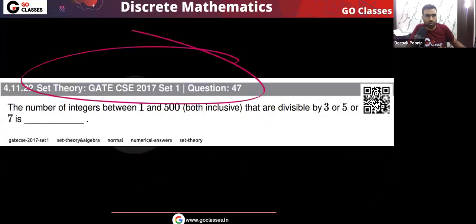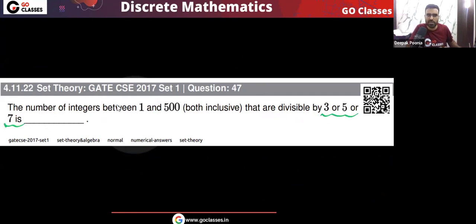Let's now get the 2017 question. The number of integers between 1 to 500, both inclusive, we have to consider both 1, 500, that are divisible by 3 or 5 or 7. So we need to find how many integers from 1 to 500 are divisible by 3 or 5 or 7.